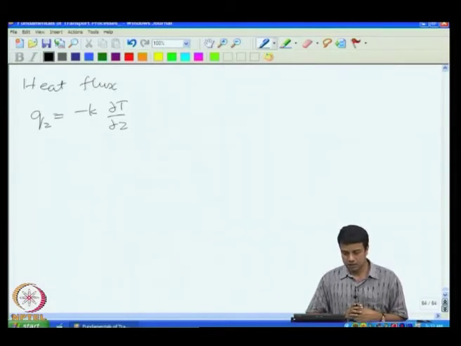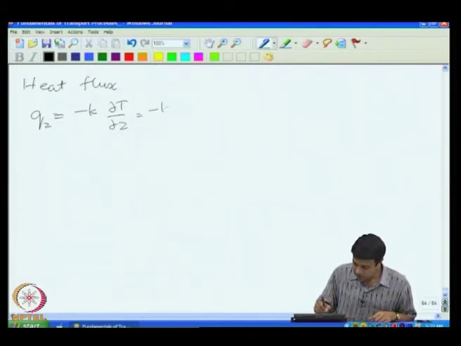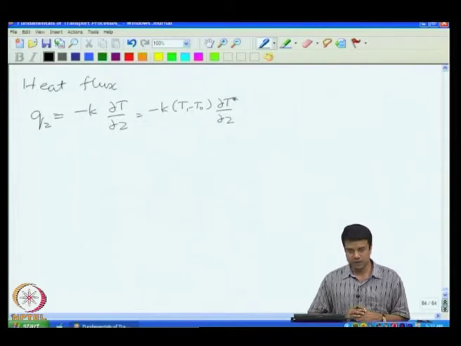Expressed in terms of the scaled temperature, this will be equal to minus K into T1 minus T naught into partial T star by partial z, because T star is T minus T naught by T1 minus T naught. Therefore, dT star by dz is dT by dz divided by T1 minus T naught. Good. Now, this we have to express in terms of the scaled variable psi.